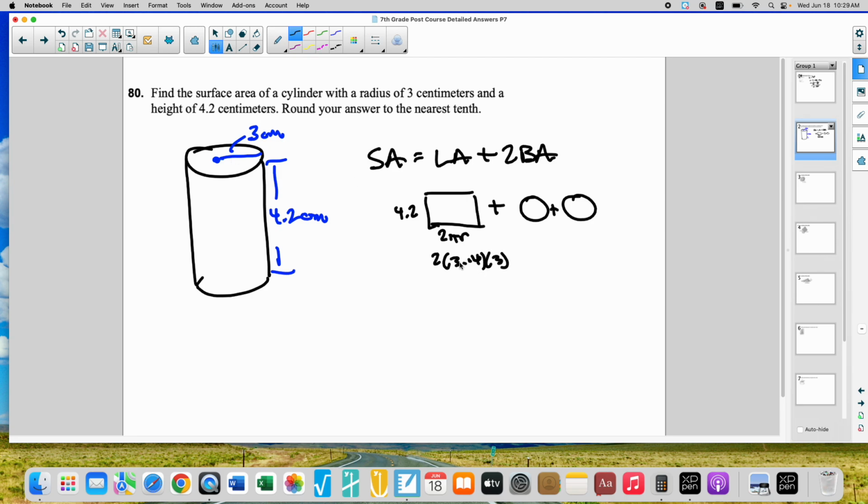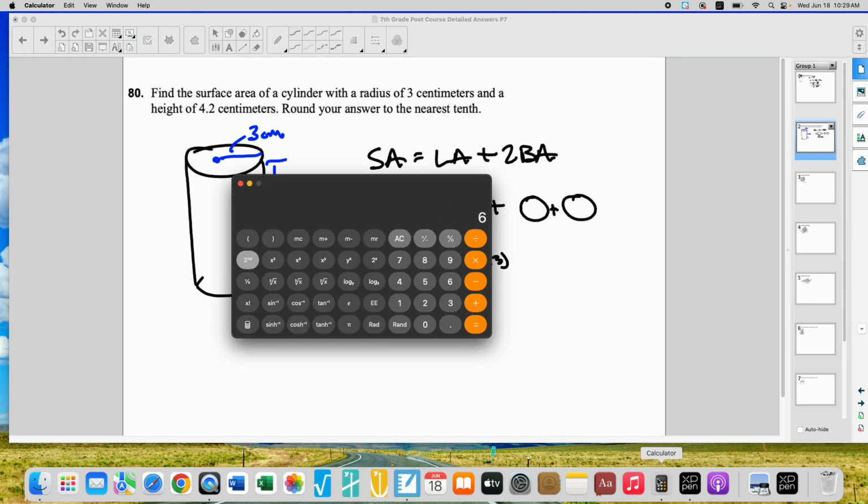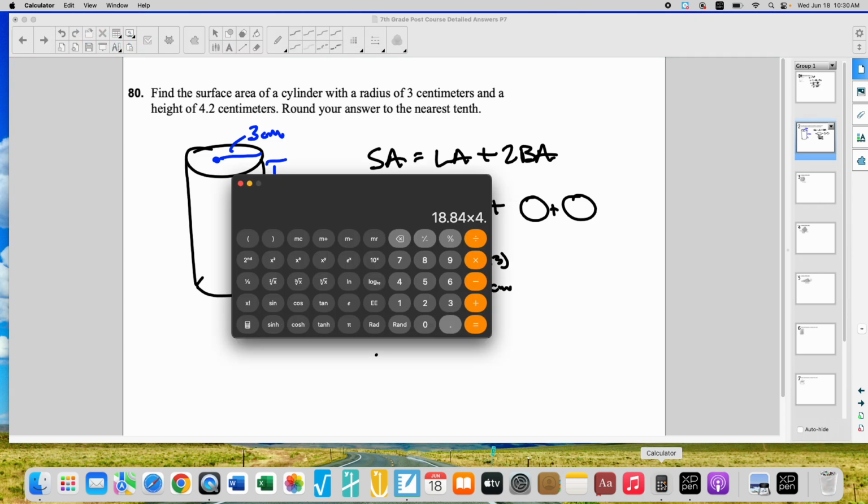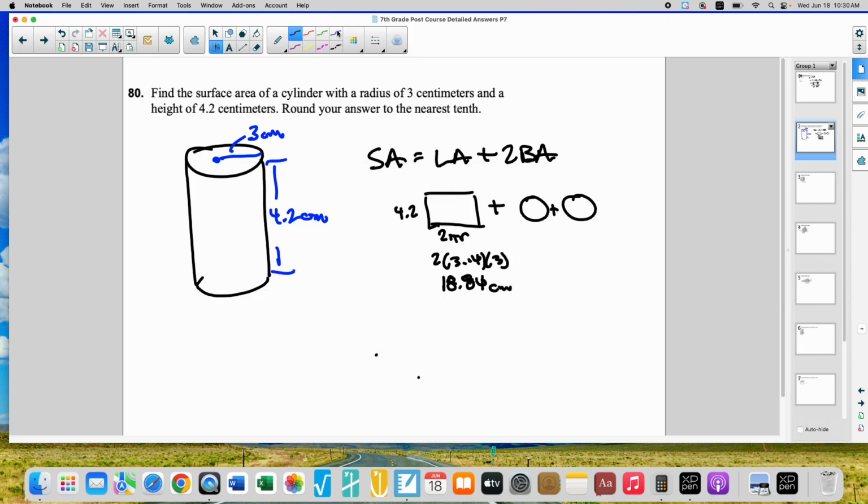So we have 6 times 3.14, which equals 18.84. We're not rounding. This is going to be centimeters. And then we multiply it by its height, 4.2, which gives us 79.128. That is going to be centimeters squared.